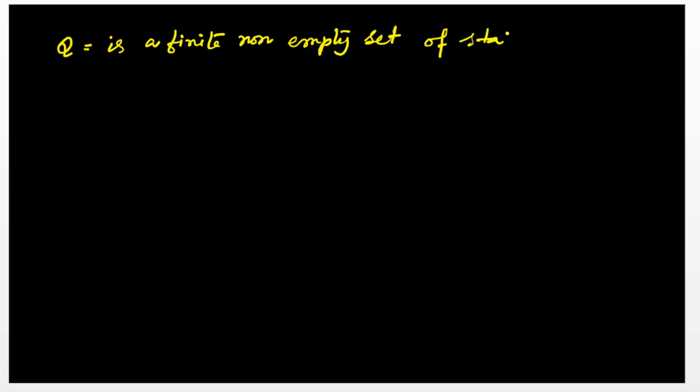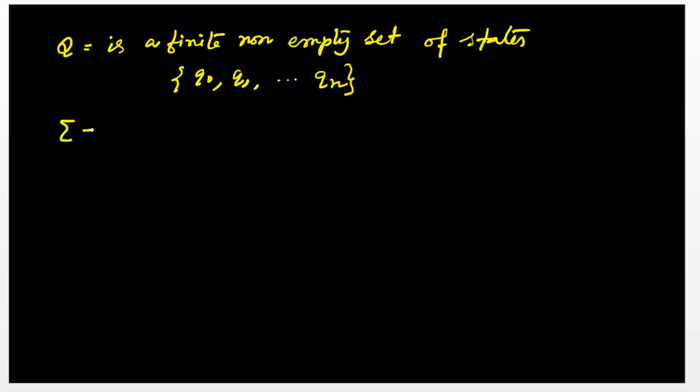Now what are the symbols and their meanings? So Q is basically a finite non-empty set of states, like Q0, Q1, up to Qn, suppose there are n number of states.